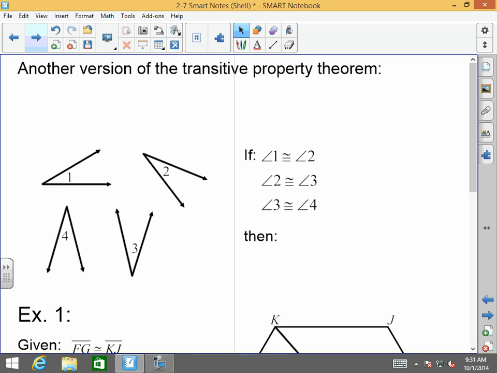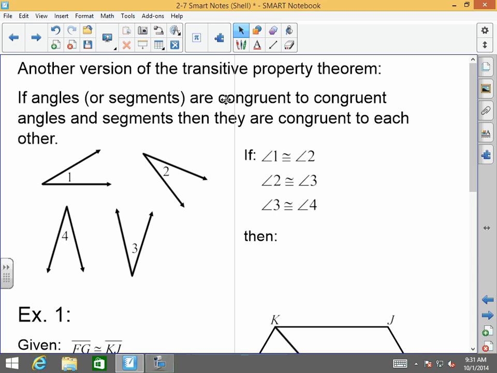Now, another version of the transitive property theorem states that if angles or segments are congruent to congruent angles or segments, then they are congruent to each other.